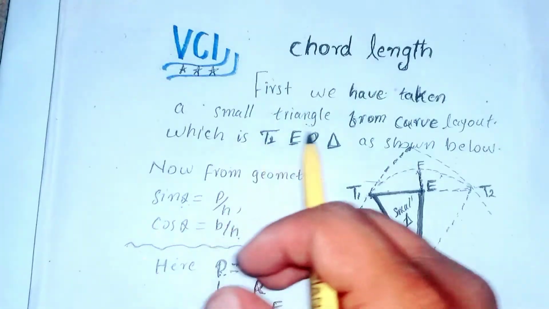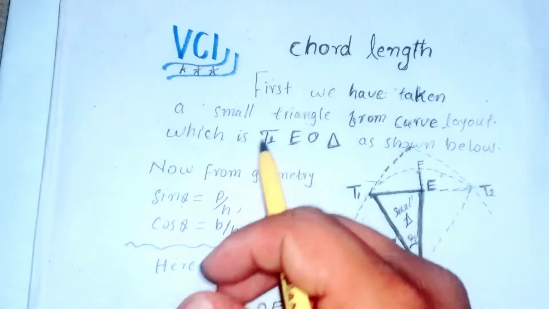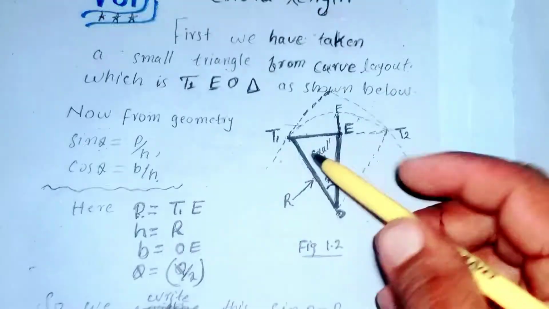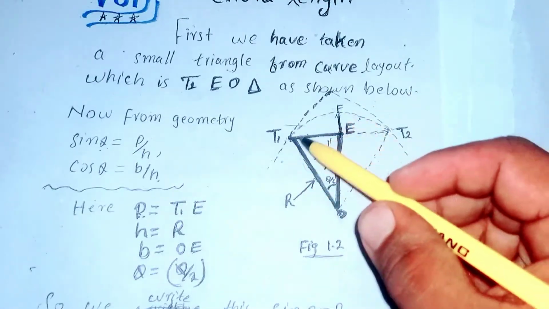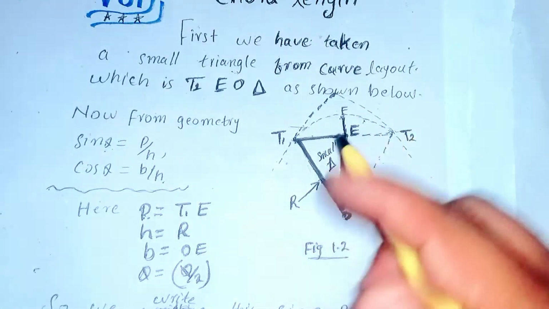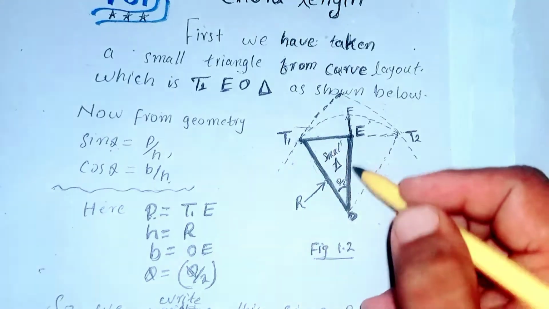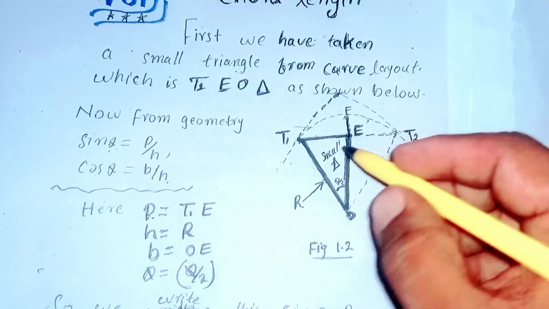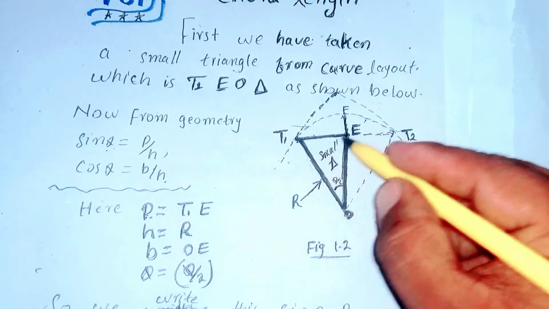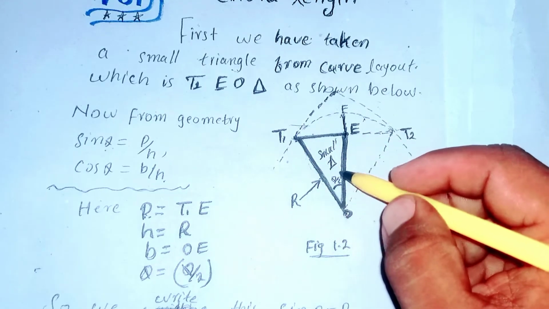First we have taken a small triangle from the curve layout, which is the T1EO triangle as shown below. The hidden lines show the whole curve layout, but from it we have taken this small triangle, highlighted in black.